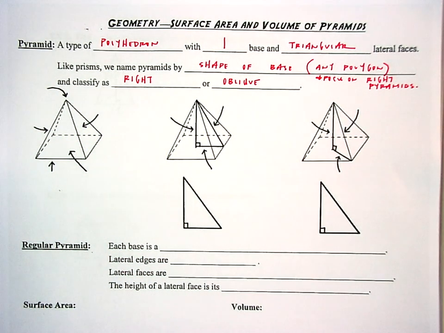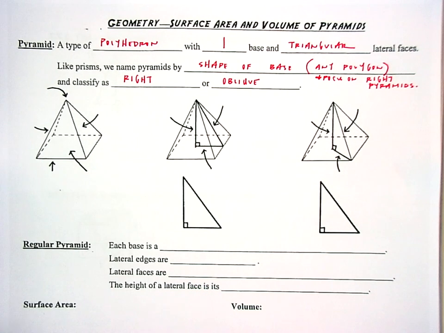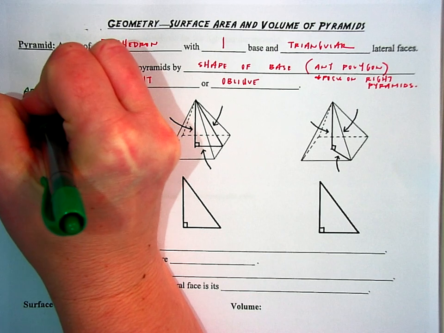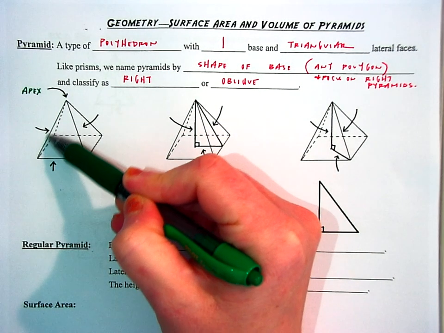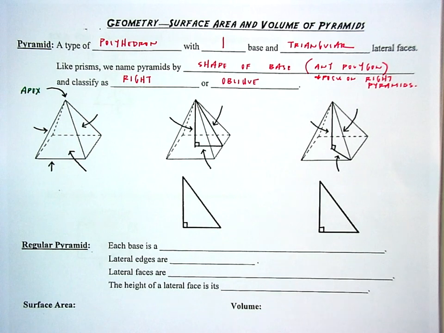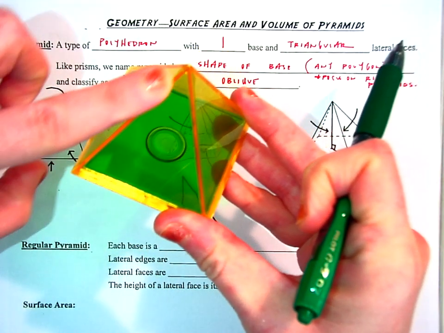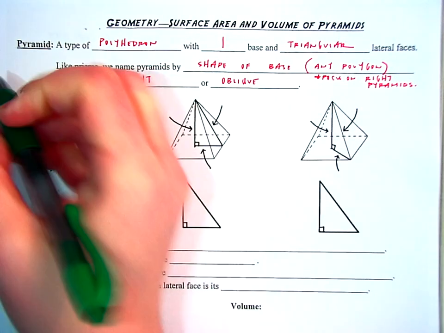Okay, so first just some vocabulary. Here, that point at the top, we call that its apex. Right here, that is a lateral edge. That would be with my model. Right, that's my apex. Here's my lateral edge.